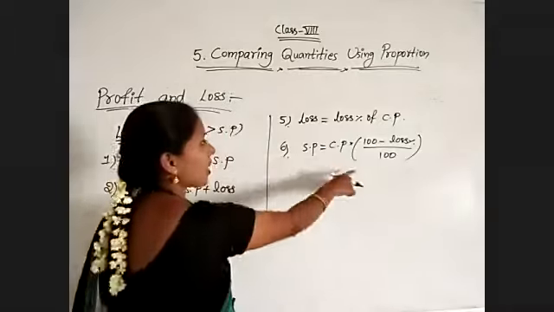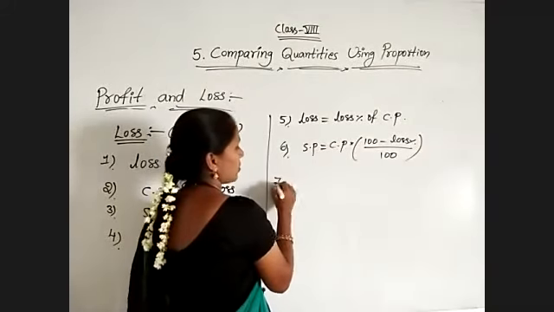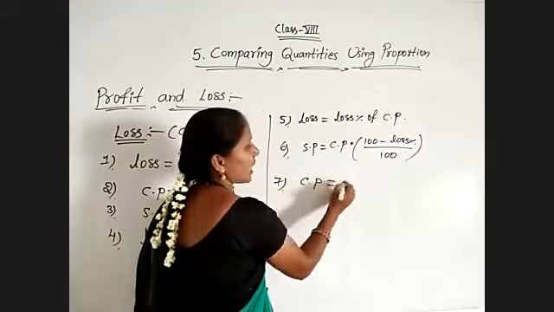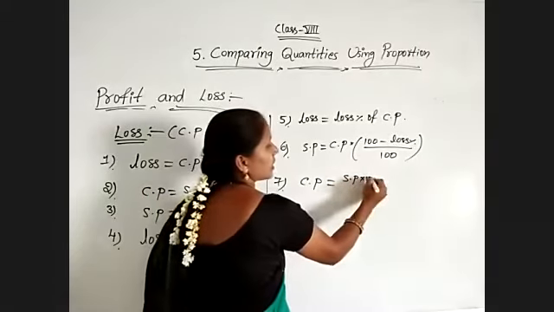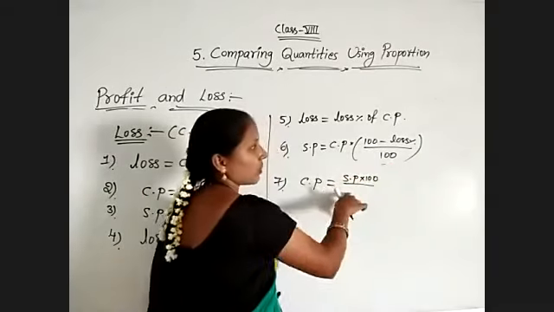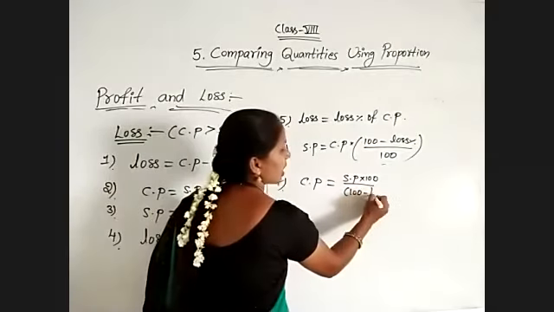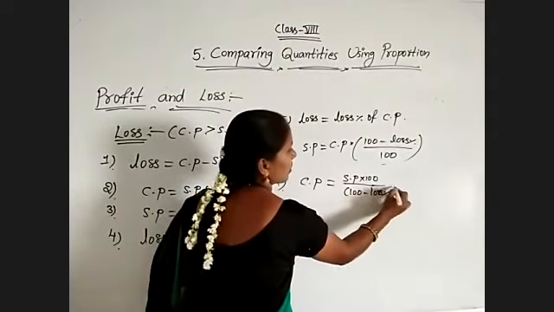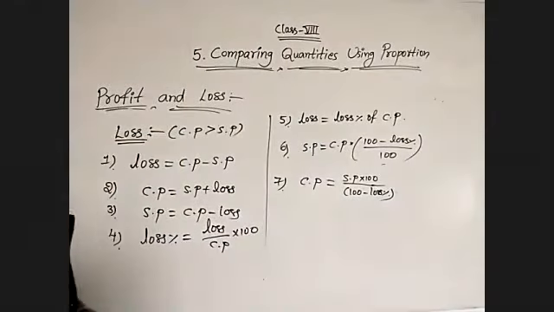And from this, CP value in terms of SP and loss percentage: CP will be equal to, bringing all terms this side, SP into 100 divided by 100 minus loss percentage. These are the different formulas related to loss and loss percentage.